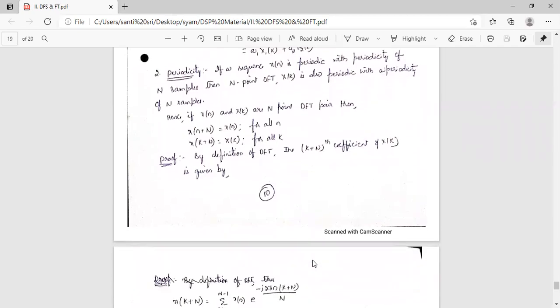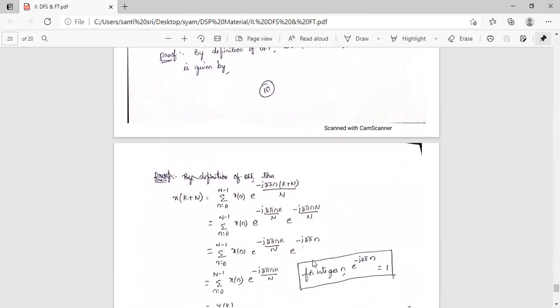x of n plus n is equal to x of n for all n. Similarly, x of k plus n equal to x of k for all k. So x of k plus n equals sigma n equal to 0 to n minus 1 x of n e power minus j 2 pi n by n, where k is replaced by k plus n.